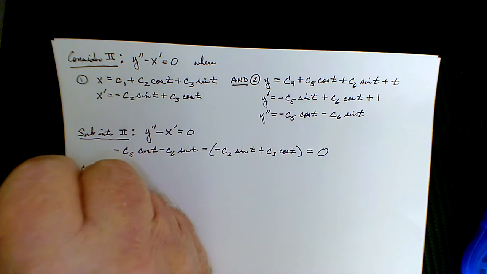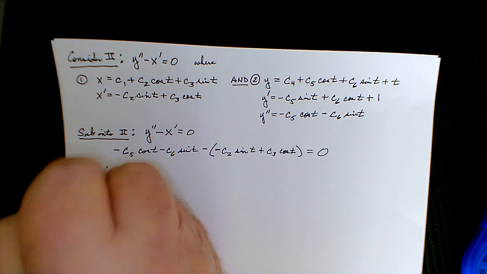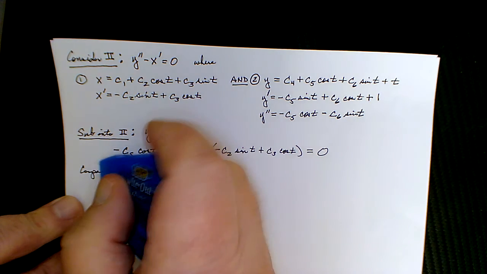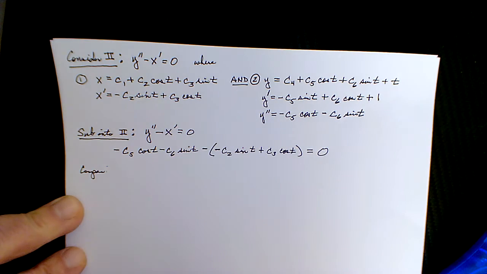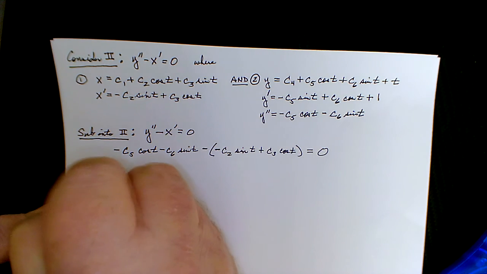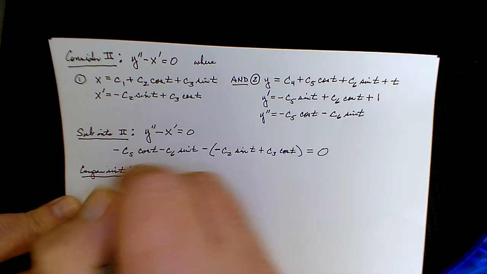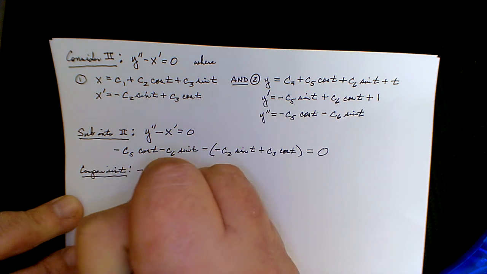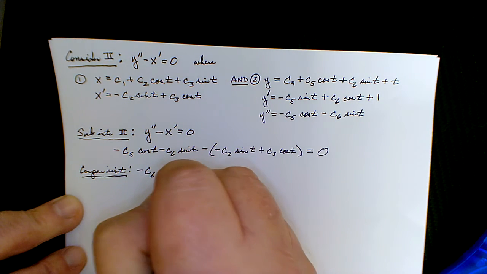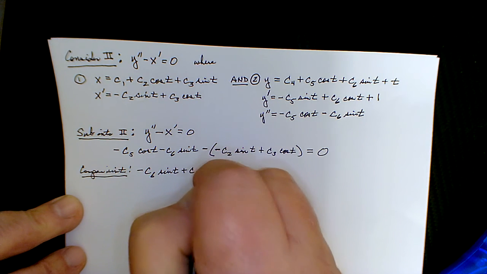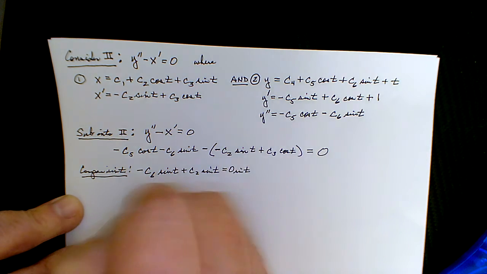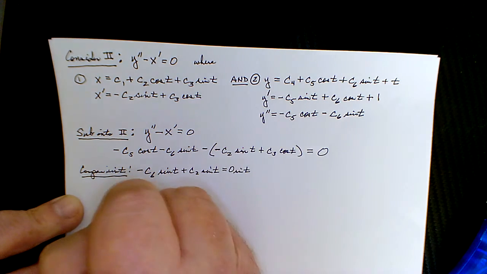So now we'll compare. Let's compare first off sines of t. If I compare the sine of t's, I've got minus C6 sine t plus C2 sine t equaling 0 sine t, because there's no sines on the right.